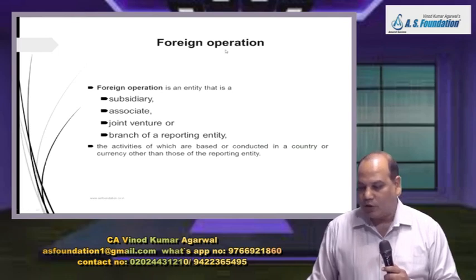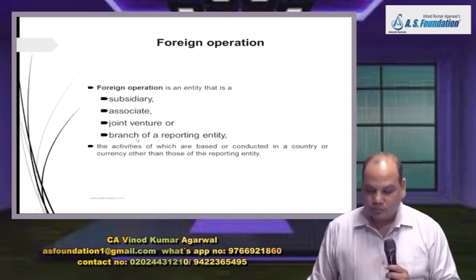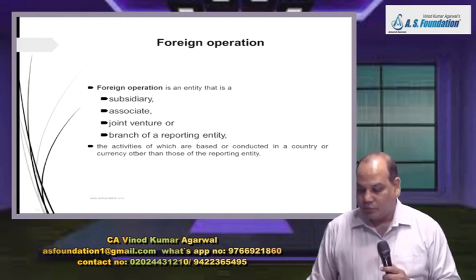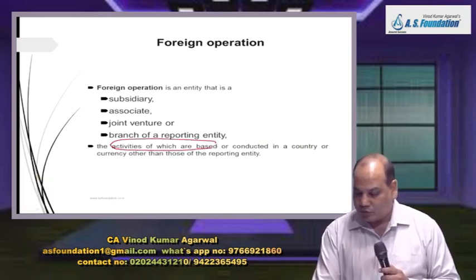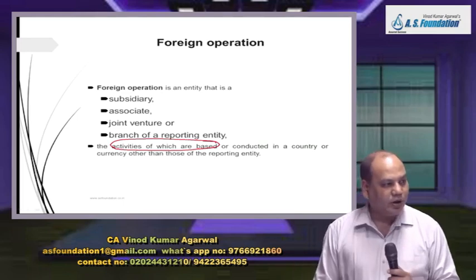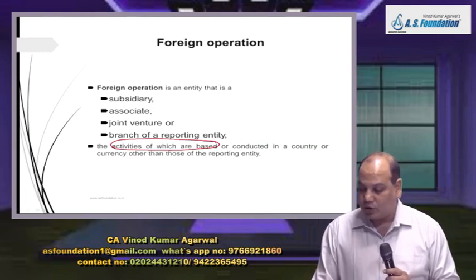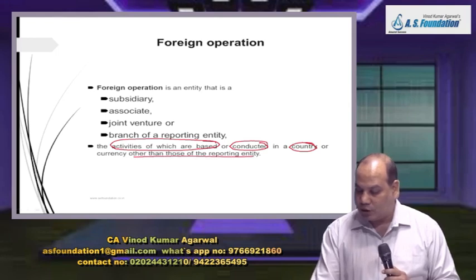Now we'll come to foreign operation. What is foreign operation? Foreign operation is an entity which can be a subsidiary, associate, joint venture or branch of a reporting entity, the activities of which are based or conducted in a country other than that of the reporting enterprise, even if it is incorporated in the same country.